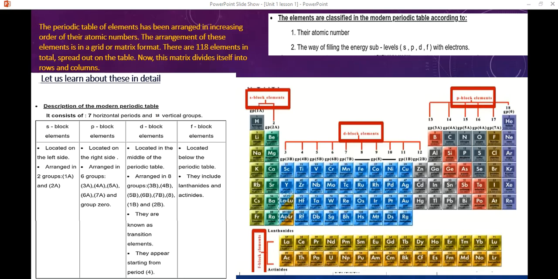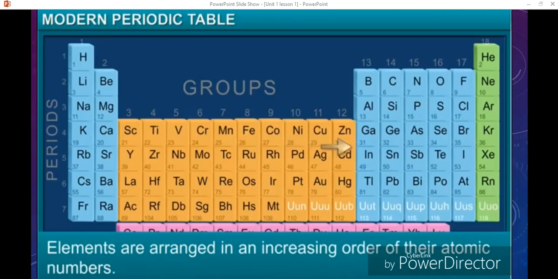Let's take another look at the banner of the modern periodic table. As we said before, we have S block 1A, 2A, starting from 1, 2, and in the middle D with 10 groups, and completing with 13 starting the P. So elements belonging to a particular group make a family.